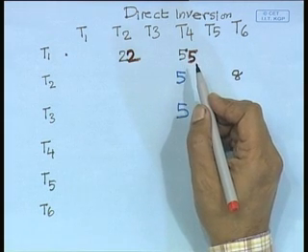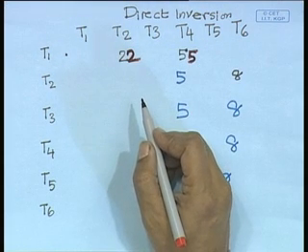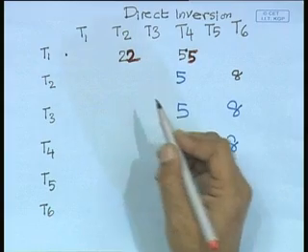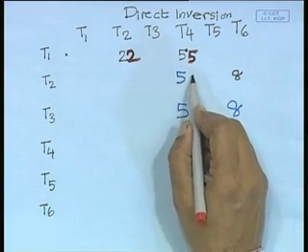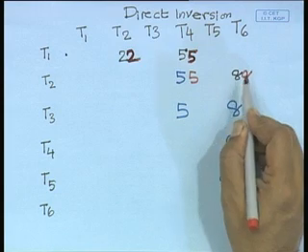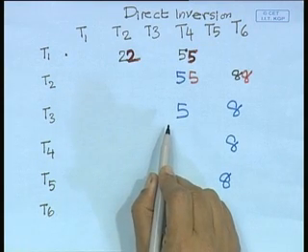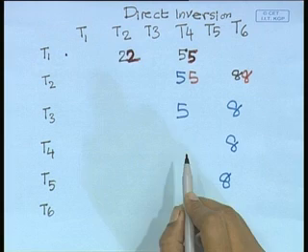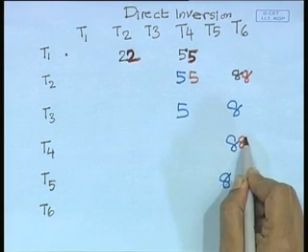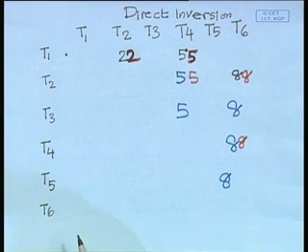T2 undergoes avoidance inversion on account of T4 and T6: T4 for 5 and T6 for 8. T3 does not undergo any avoidance inversion, it does not need any resource. T4 will undergo inversion on account of T6 for 8, and T5 does not undergo any avoidance inversion.